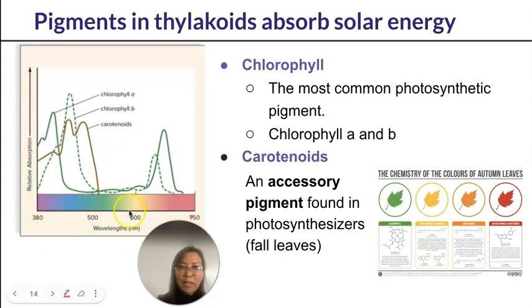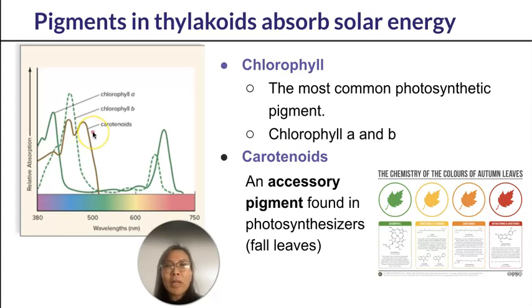So this is the visible light wavelength right here that we can actually see. And you can see that it's able to absorb all these different colors, but it's not really able to absorb green, which is why it's being reflected back. Chlorophyll A and chlorophyll B are here. We also have another pigment that is in the thylakoid membrane that can also harness solar energy.